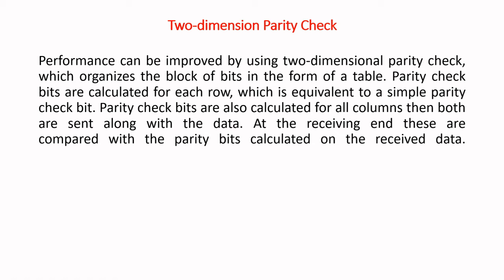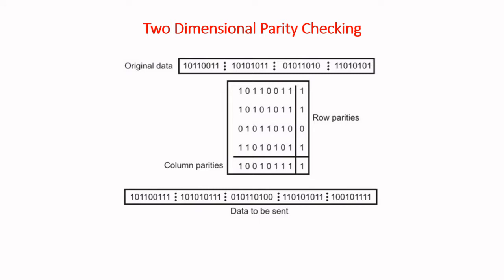At the receiving end, these are compared with the parity bits calculated at the receiver end. Okay, now we will see the logic, how it works with the help of an example. So this is the two-dimensional parity checking.